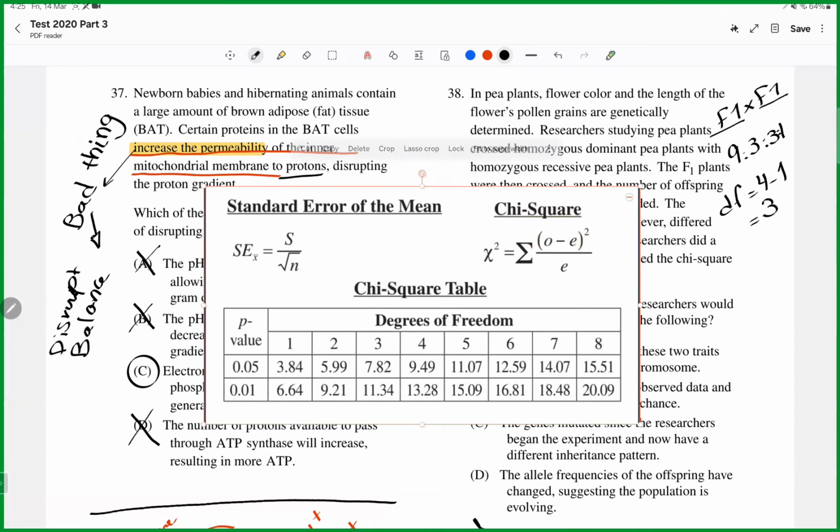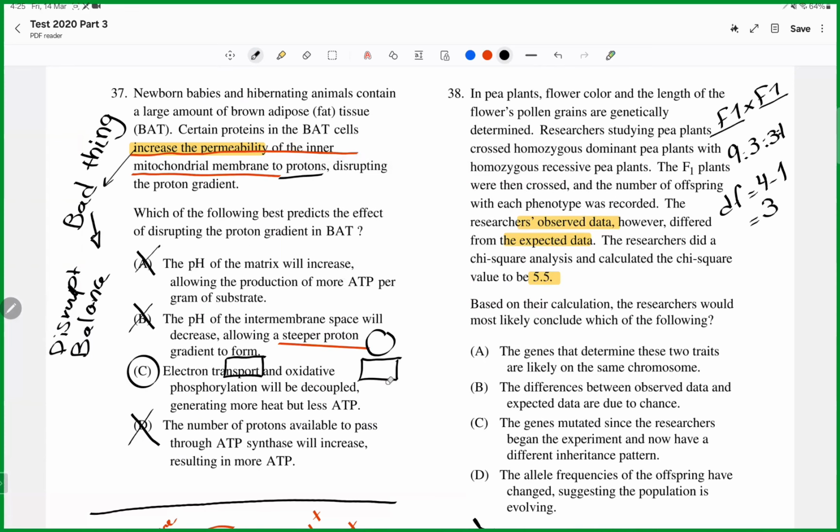Now, since the chi-square value, which is 5.5, is less than 7.82, we have to accept the null hypothesis, which basically means we have to accept that all the observed differences are due to chance events. Okay? So due to chance.